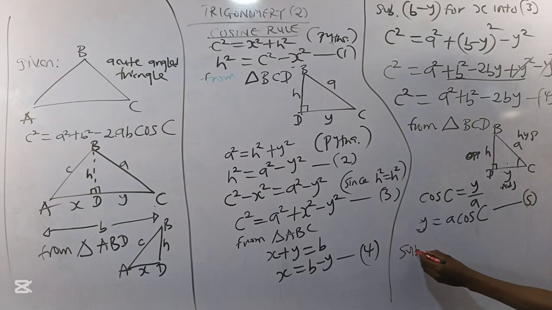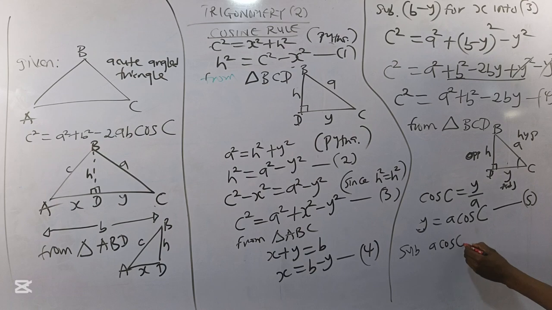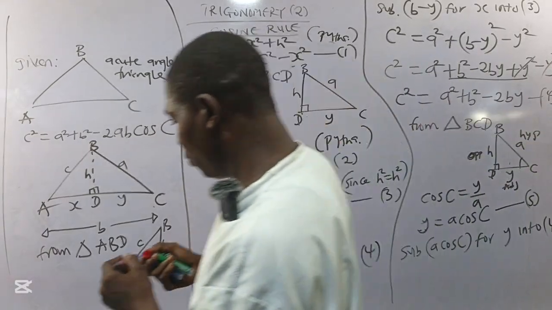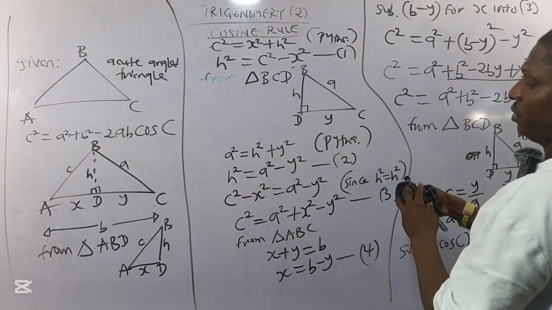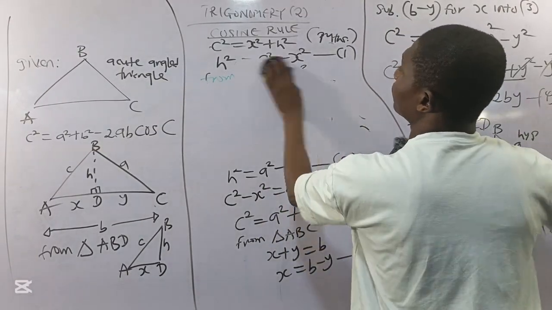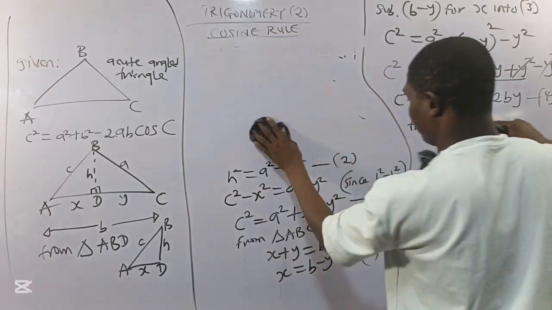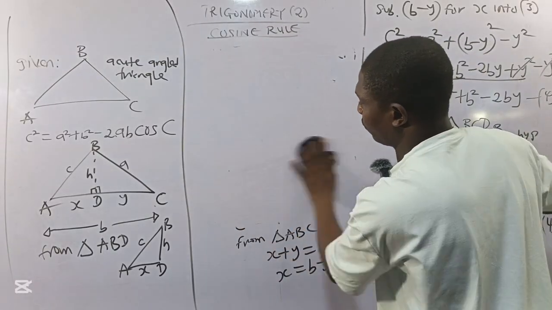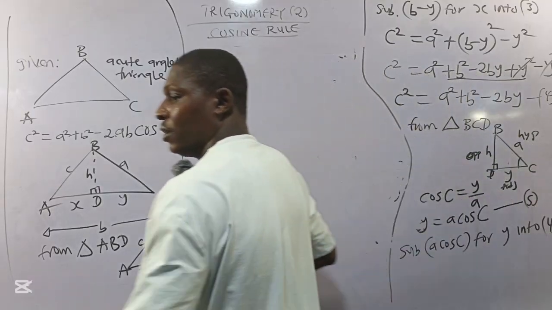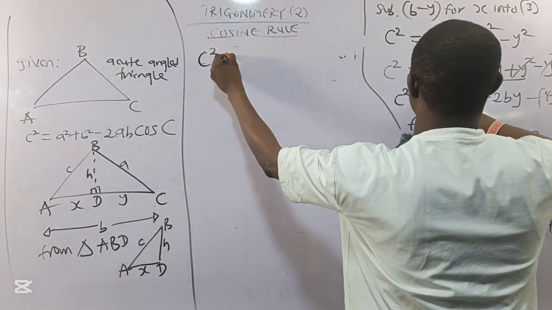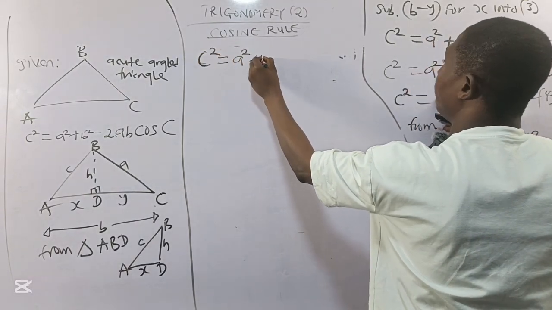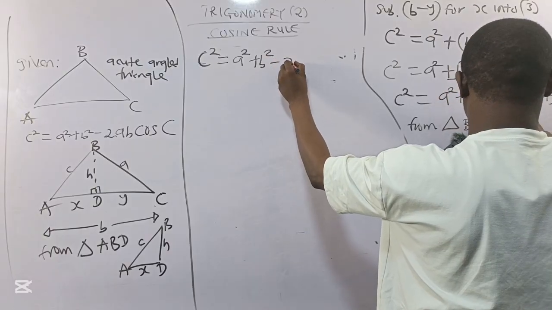So we can say substitute in brackets A cos C for Y into 4. If we are doing that, it's no longer useful. So if we are doing that, we simply have C squared to be equal to A squared plus B squared minus 2B.